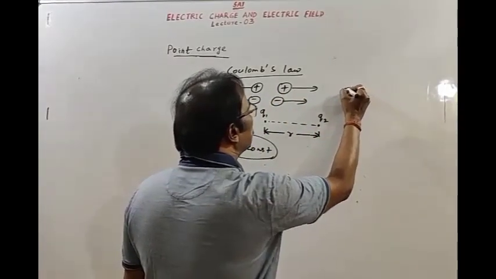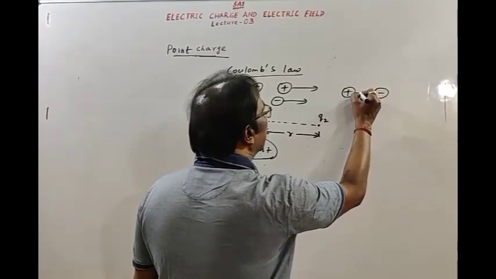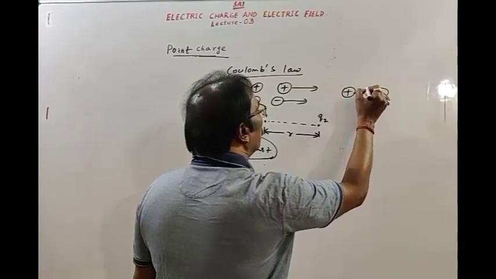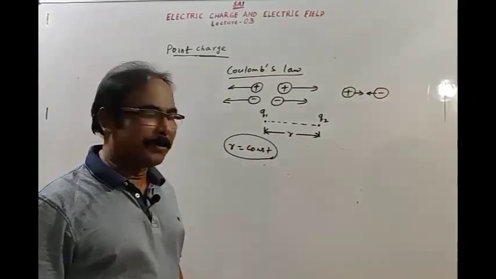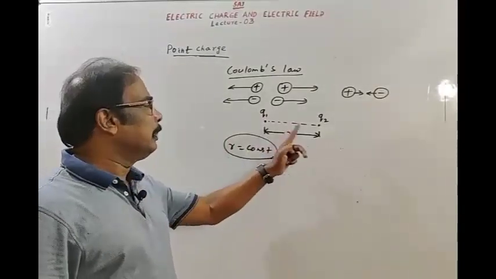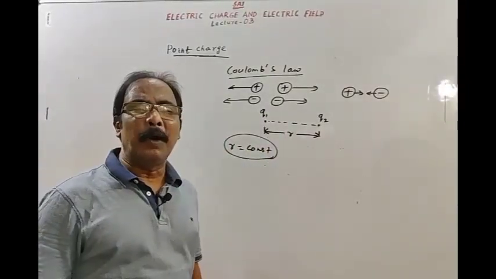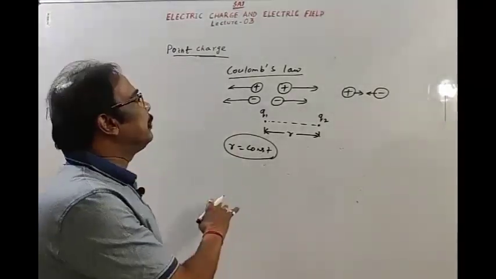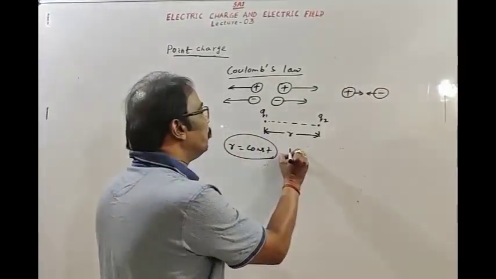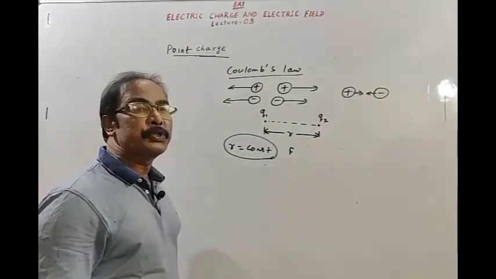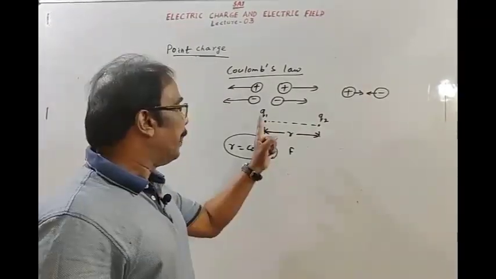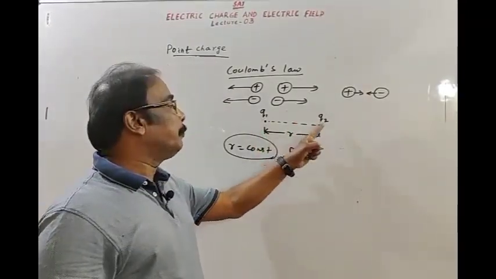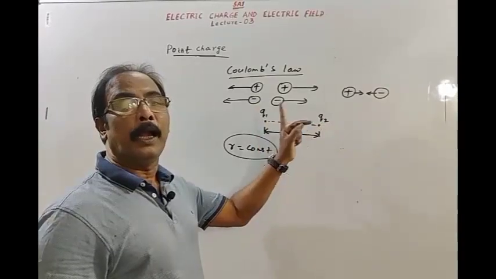Between dissimilar charges, meaning between positive and negative, there will be a force of attraction. If the distance between the 2 point charges is kept constant, then in different experiments the forces were measured, changing the magnitudes of Q1 and Q2.